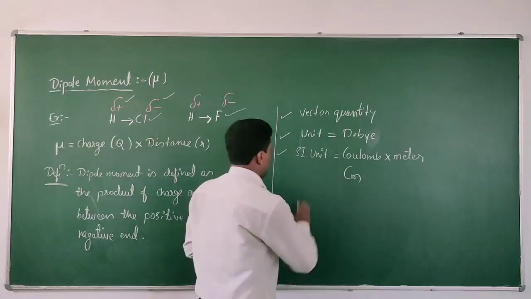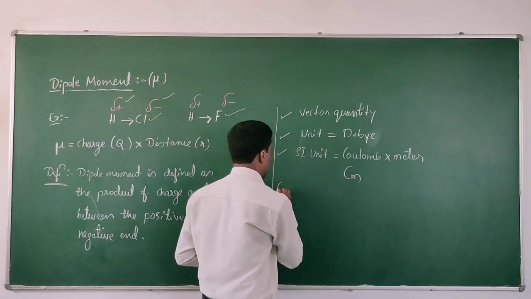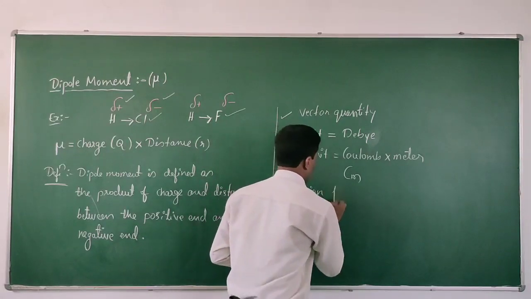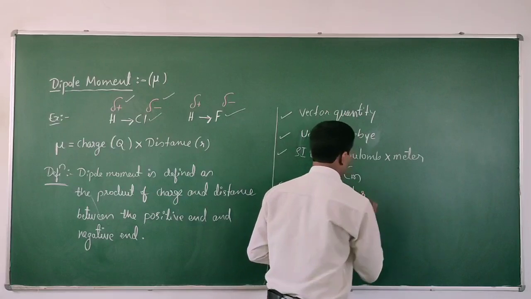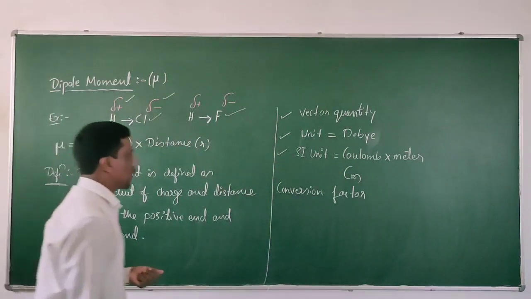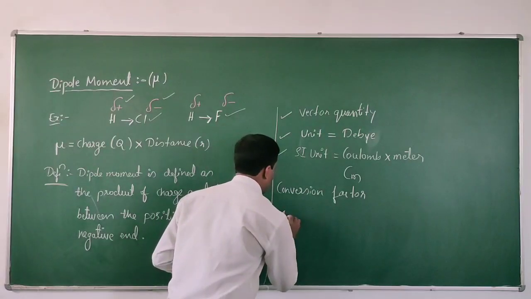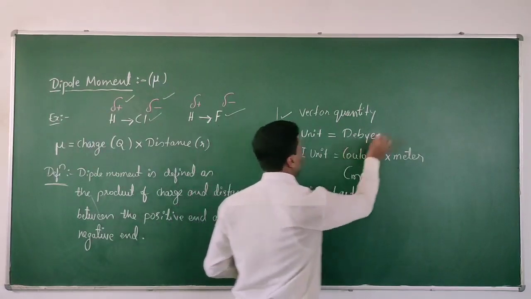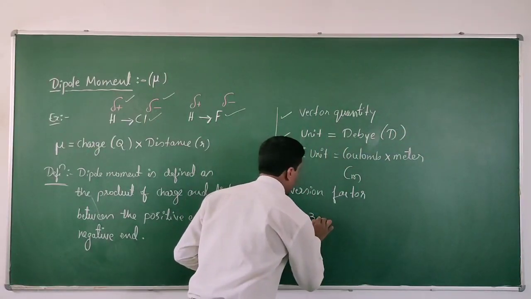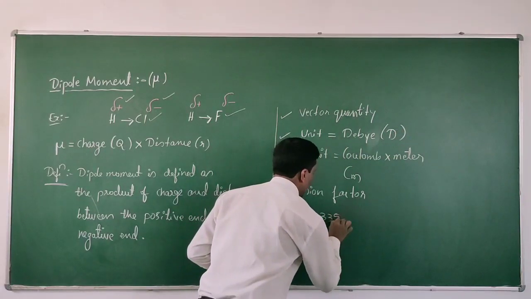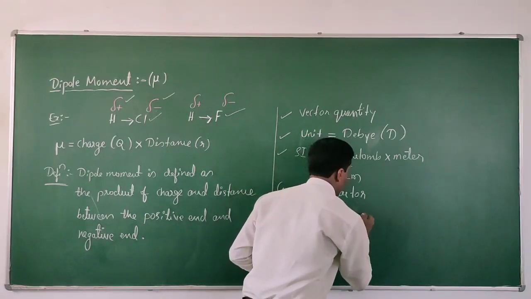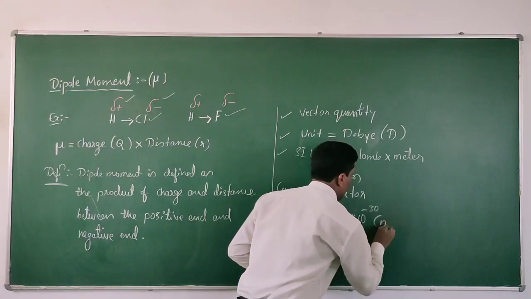And one more thing, the conversion factor. We are having a conversion factor also here. What is the conversion factor? 1 Debye, indicated by capital D, is equal to 3.33564 into 10 to the power minus 30 Coulomb meter.